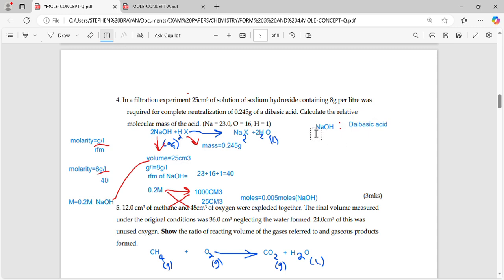So you note that here, the mole ratio is 2 to 1.